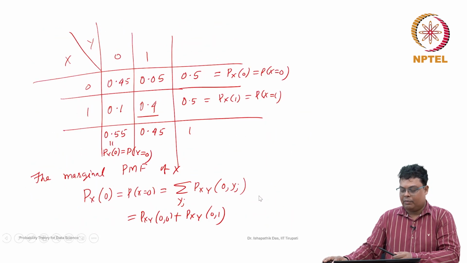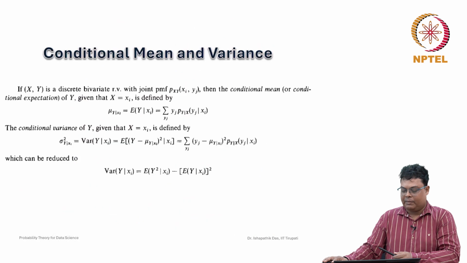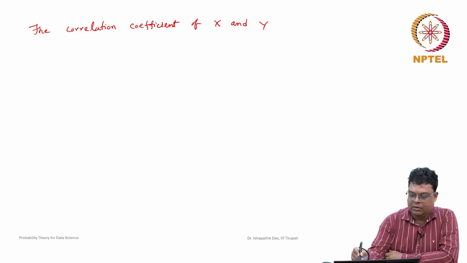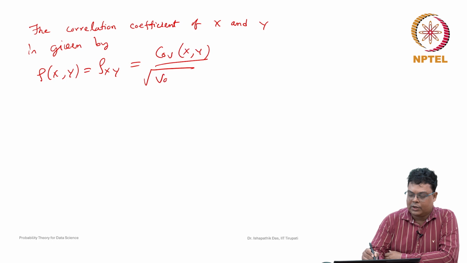The correlation coefficient of x and y is denoted rho xy, or sometimes rho of xy, and defined by the covariance of xy divided by the square root of the variance of x into the square root of the variance of y.